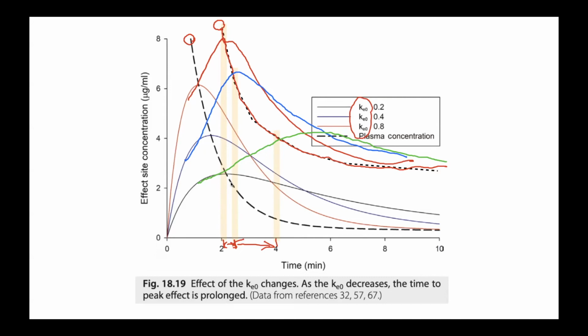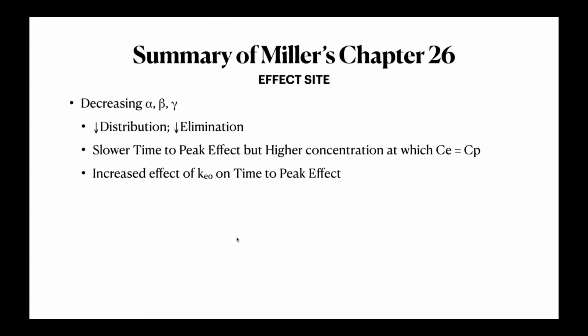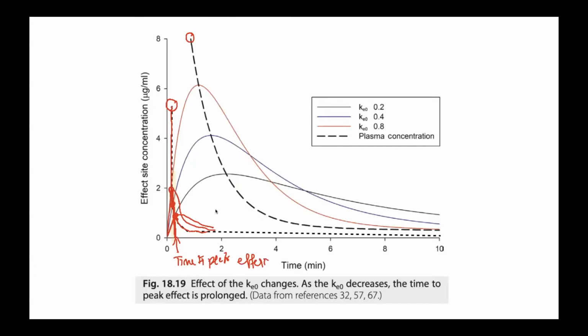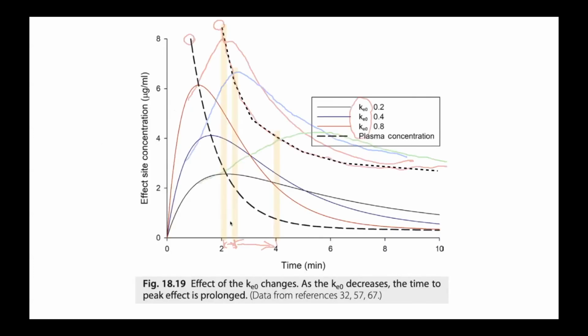So that's what that paragraph means, is that with drugs that are rapidly cleared and have a large distribution, it is the plasma pharmacokinetics that has more to do with the time to peak effect. So this one here. And then for most other drugs, with a normal exponential decay, it is the KO which largely determines the time to peak effect or the time to equilibration.